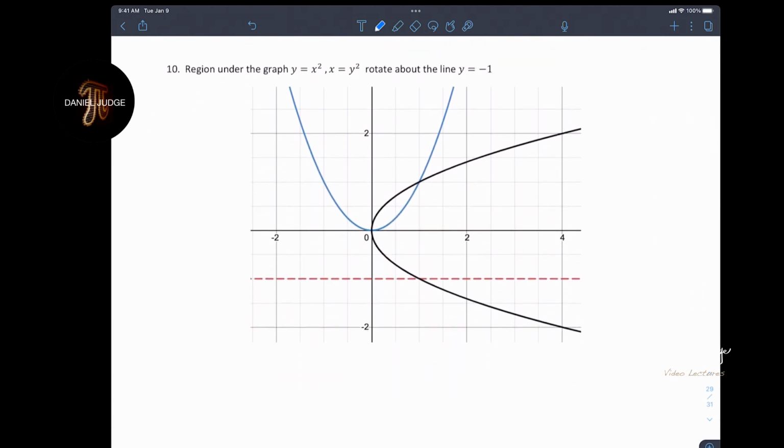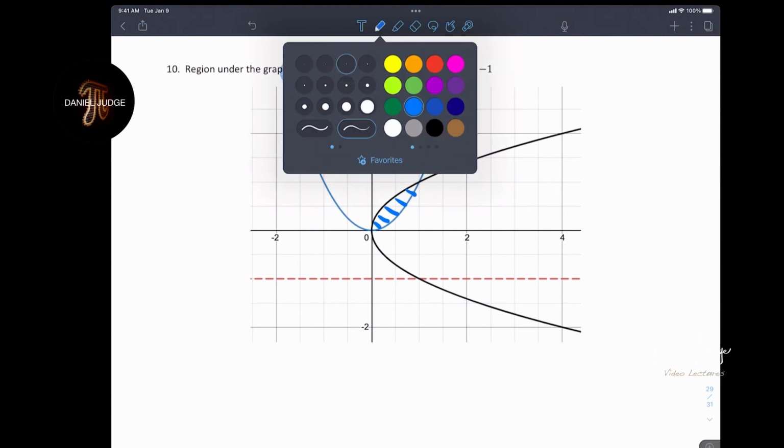So the last question here, number 10. We're going to have a bounded region again. The curve y is x squared, which is in blue, and x is y squared, which is in black. And so the bounded region here is what you can see now, right in here.